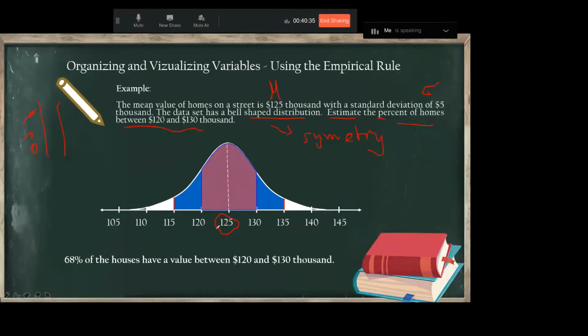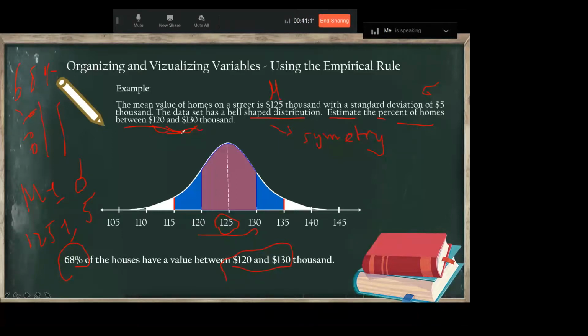We already know that mu plus minus sigma contains 68% of the information. So 125 plus minus sigma, where sigma is 5, means 120 and 130. So 68%, which is this range, right? It's given. So 68% of the houses have a value between these. On this street, 68% of the houses have this value.